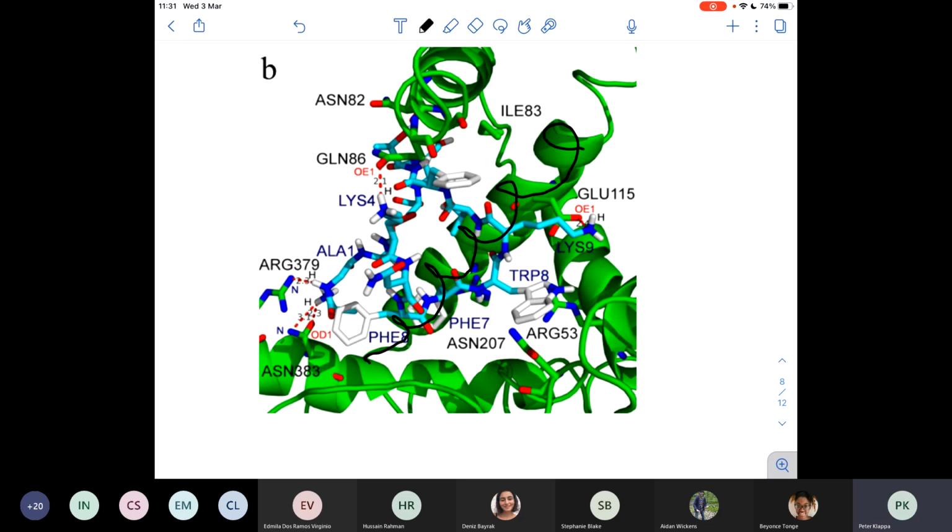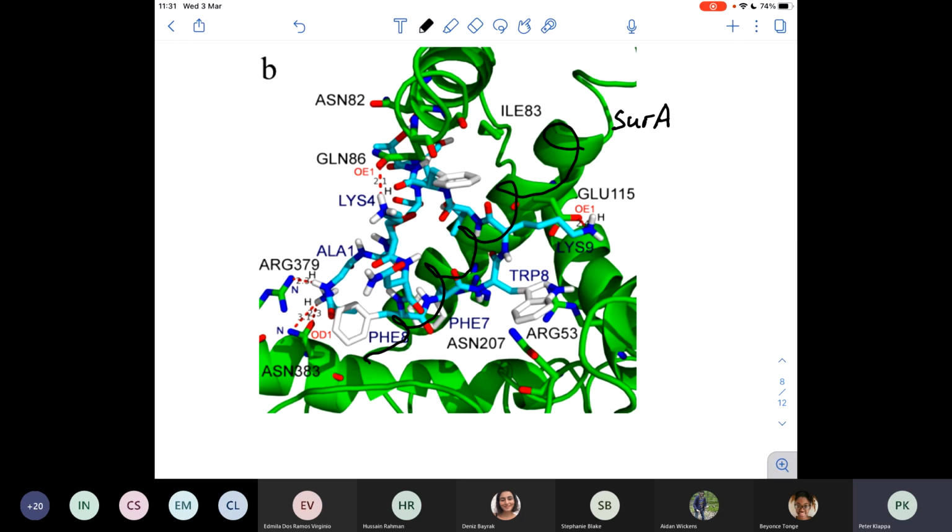This is from SIRA. What is this green thing? What would you describe it? It's a secondary structure, or what would this be? Bingo! It's an alpha helix. Absolutely right.